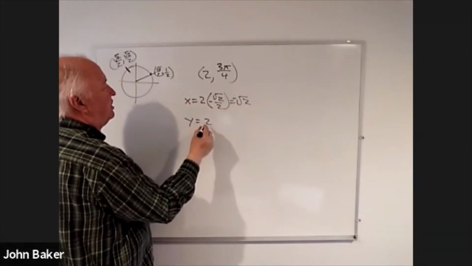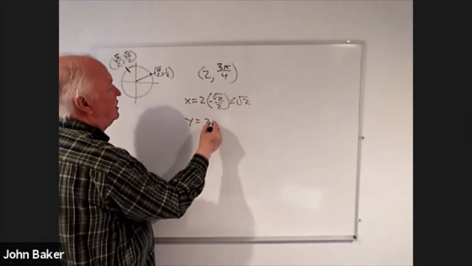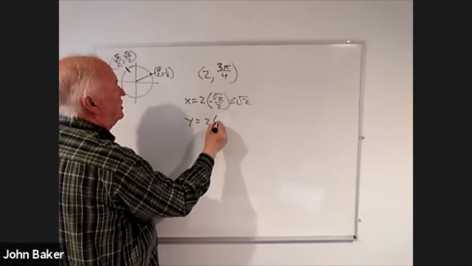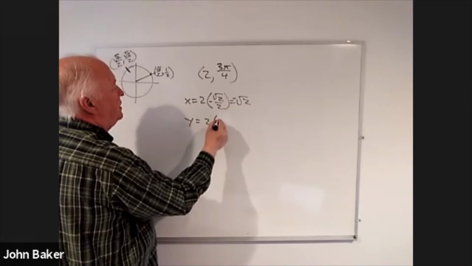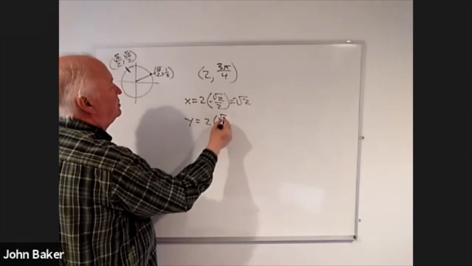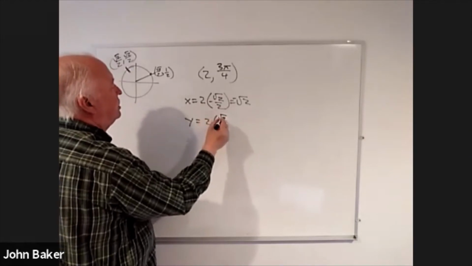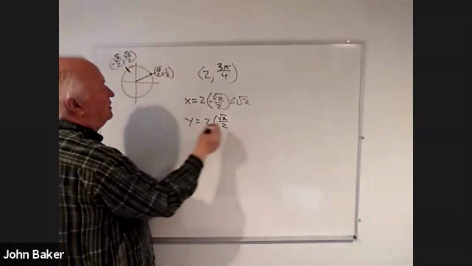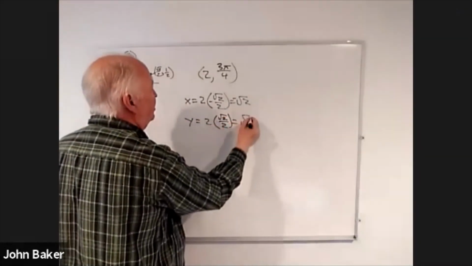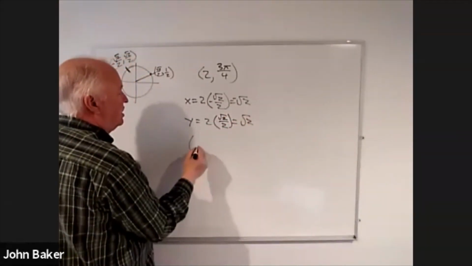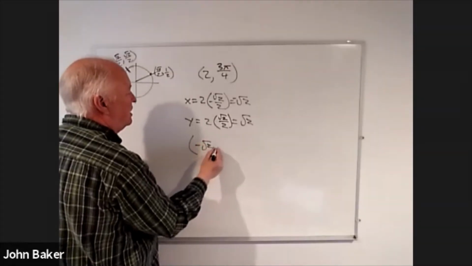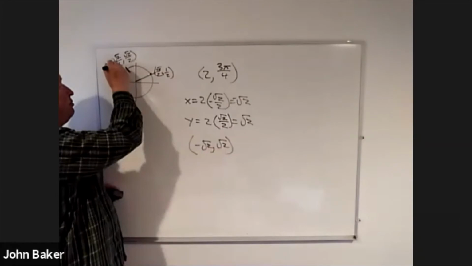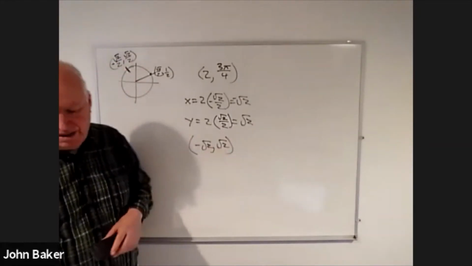And y will equal 2 times square root of 2 over 2, and that's square root of 2. So the coordinates are negative square root of 2, comma, positive square root of 2. Don't forget to put the minus signs there, which I forgot.